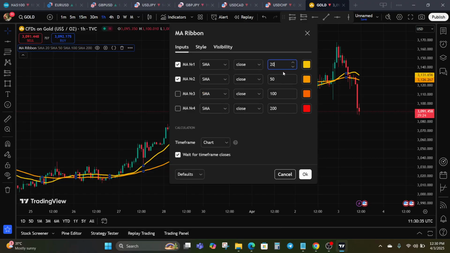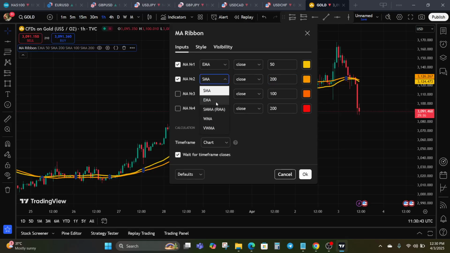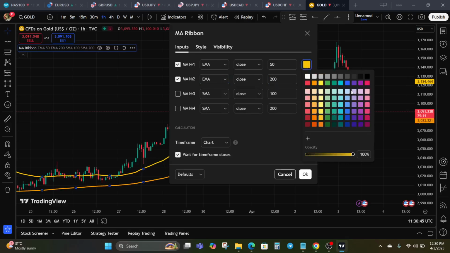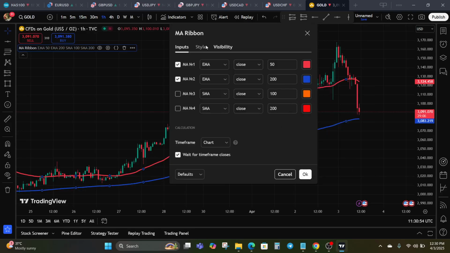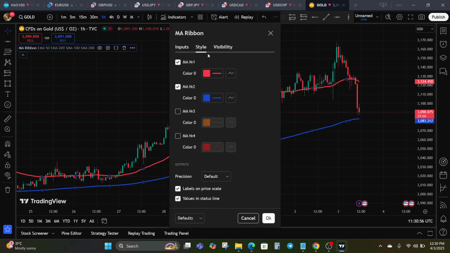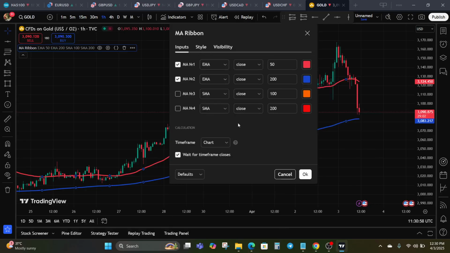We're going to be using the 50 EMA and the 200 EMA. So these are the moving averages that we are going to be using.